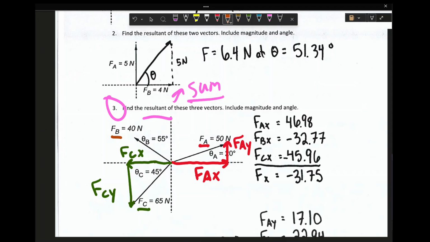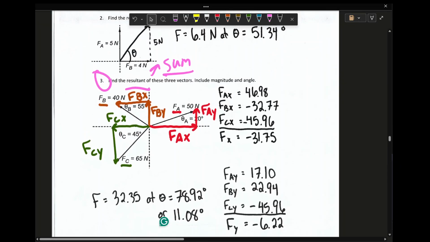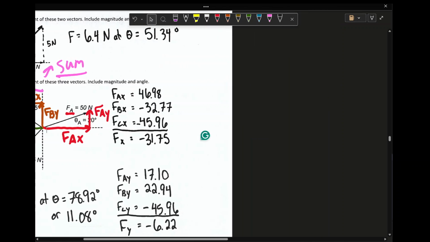The way that I drew it, this would be FBX, and this is FBY. You could theoretically make other triangles, but we're just going to go with this because that's where I put the angles. So we need to figure out what each of these x and y components are. We'll do them one at a time, and start with A.